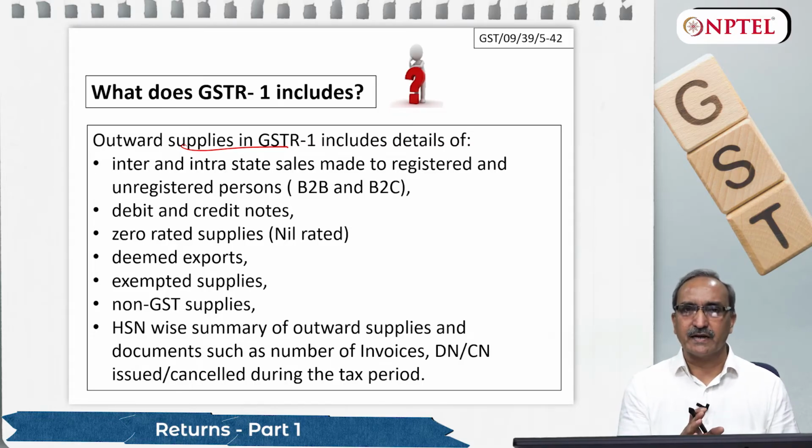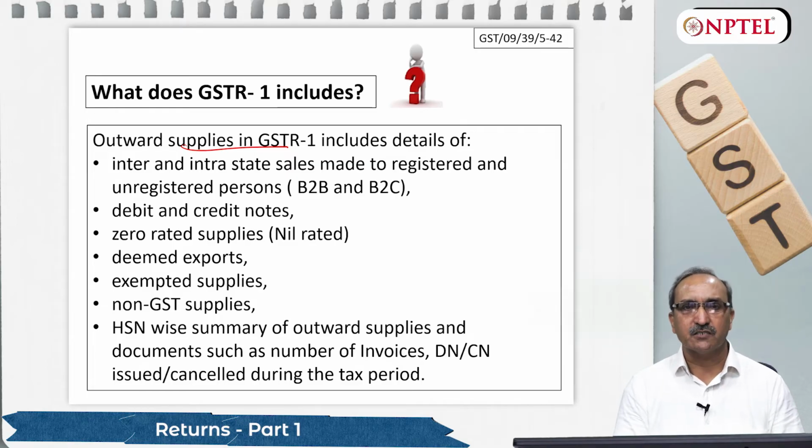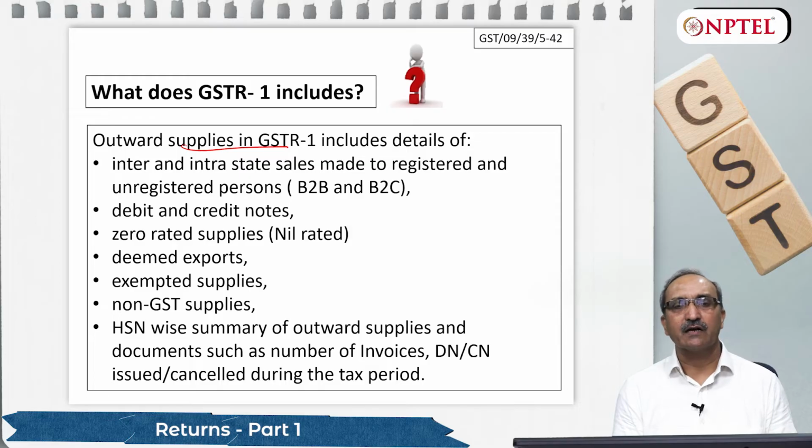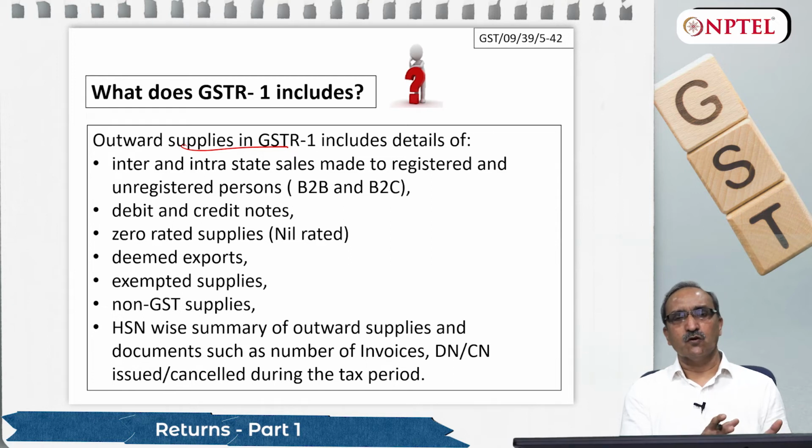So there is a set mechanism, because manually it may be difficult for any person to upload all such invoices one by one. So nowadays accounting softwares are available where we can upload all this data to the GST portal very easily through a tool or through software.